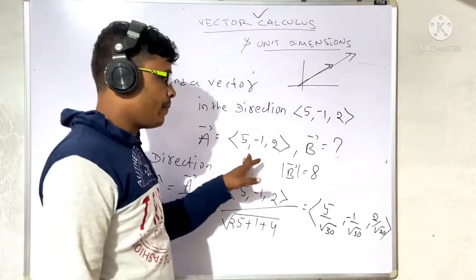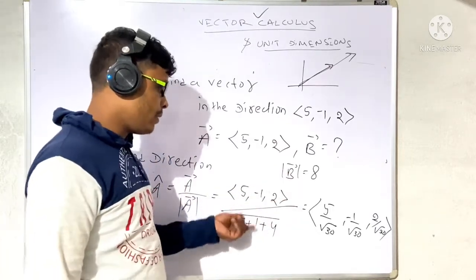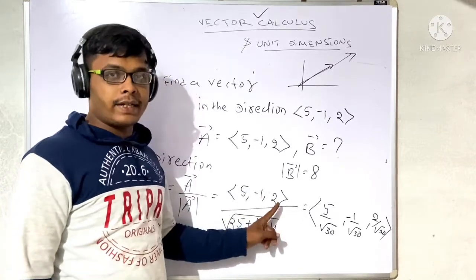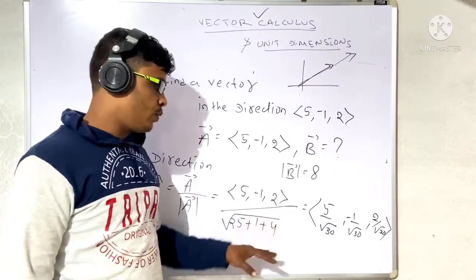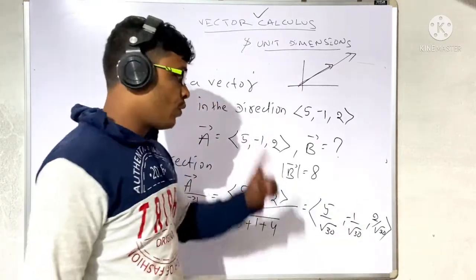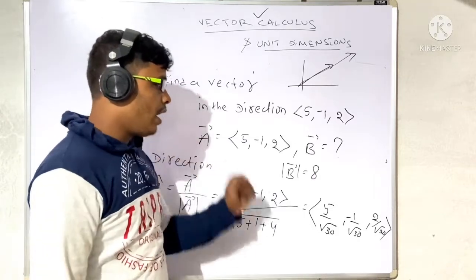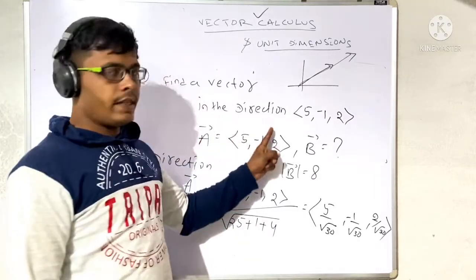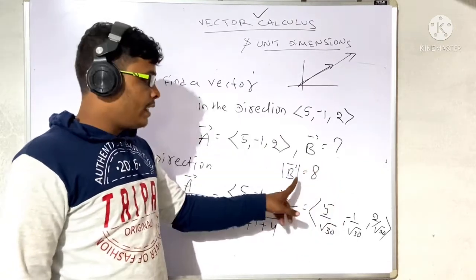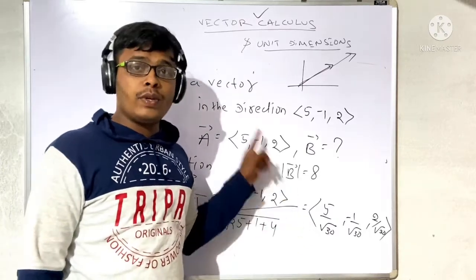This means 5 i cap minus j cap plus 2 k cap. The magnitude is divided into each component. So this is the direction. Now we already calculated the direction, and it is in the same direction. The second condition given is that the magnitude should be 8.